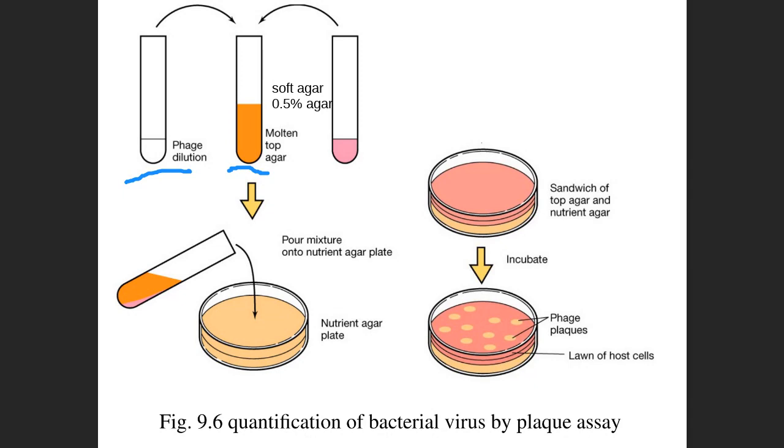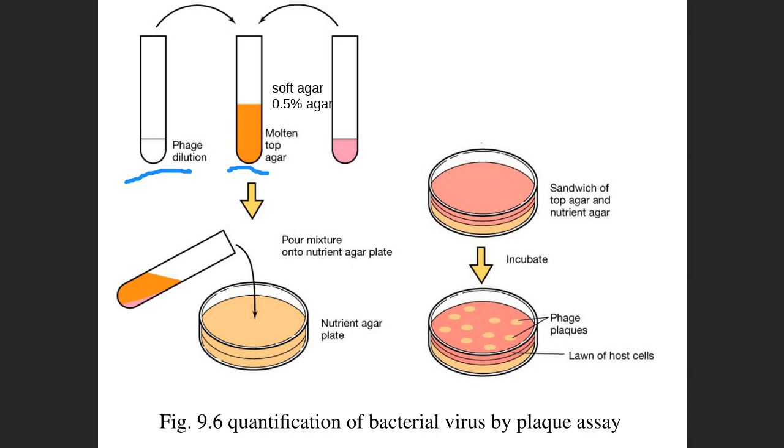And so when you use less agar, it will still remain liquid at, say, 50 degrees, and 50 degrees would not kill the phage. More importantly, it will not kill the bacteria. And so then you add the phage, you add the bacteria, mix them together, and then pour on top of a nutrient plate.